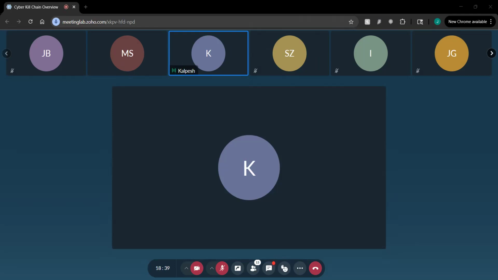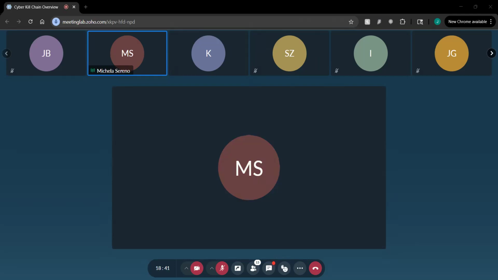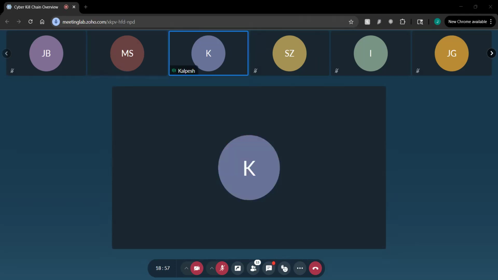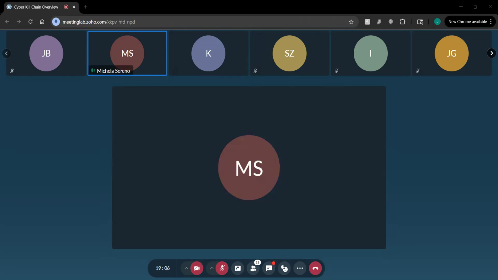So basically, the delivery stage is the first point at which defenders can realistically detect and try to stop the attack. It's during the delivery stage because we are not aware of how the attack is coming. So it's the initial stage due to that exact reason, you think. Yes, because in the delivery stage, the payload of the criminal groups is transmitted to the target.